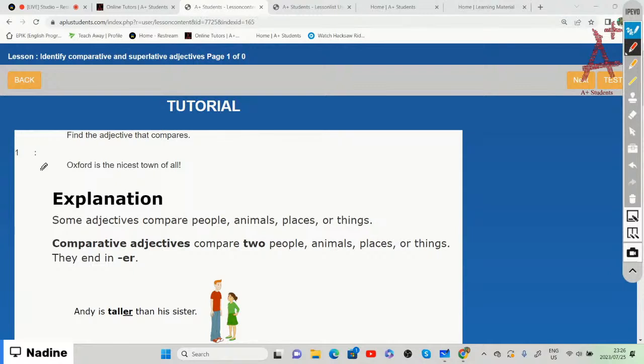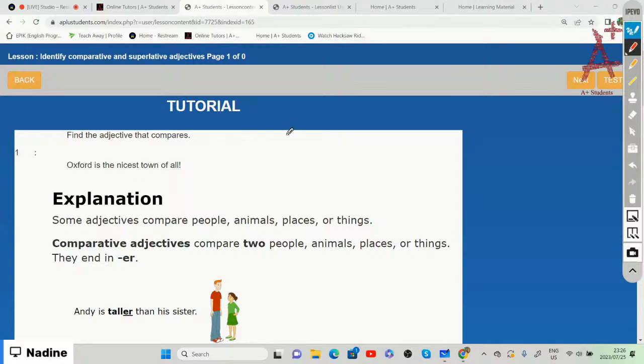So we're going to underline the adjective that compares within the sentence, and then say if it is comparative or superlative. So, Oxford is the nicest town of all.